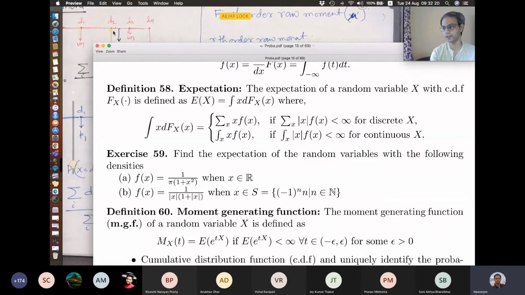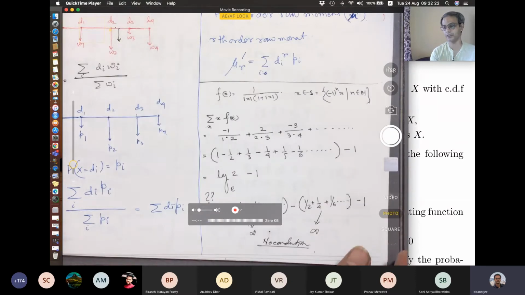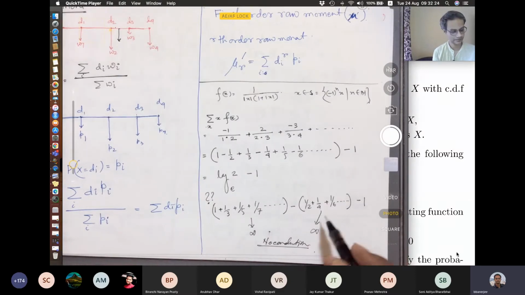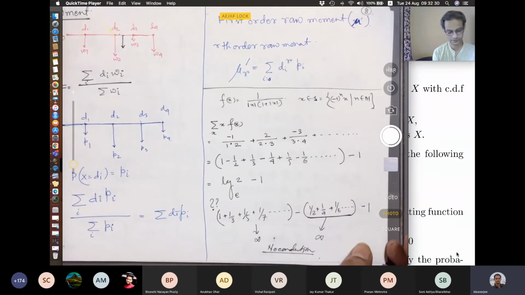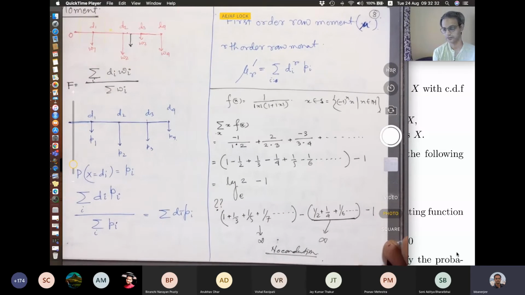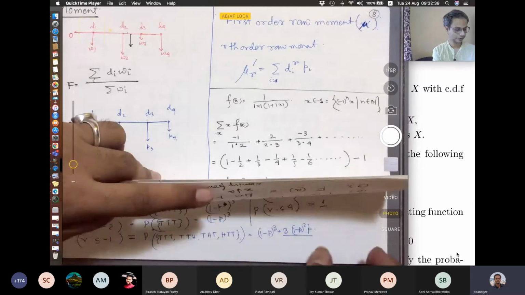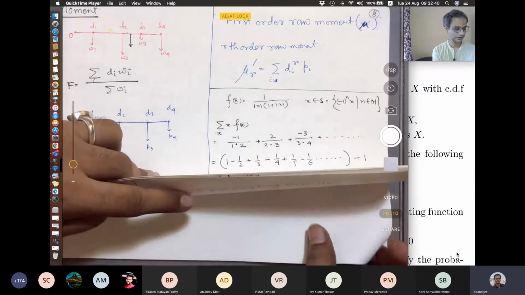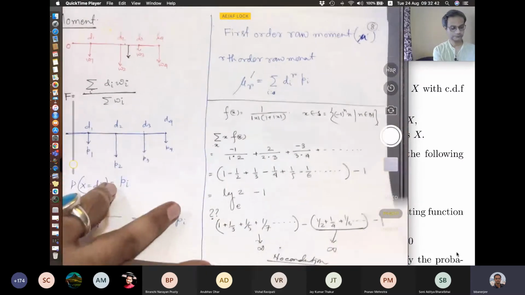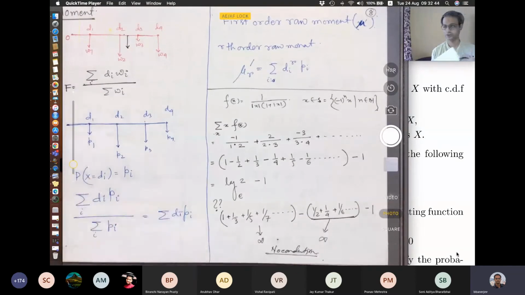Does anybody have any query, any doubt that this will be divergent? If you have doubt, let me know, I will prove it. If you don't know, then let me know.